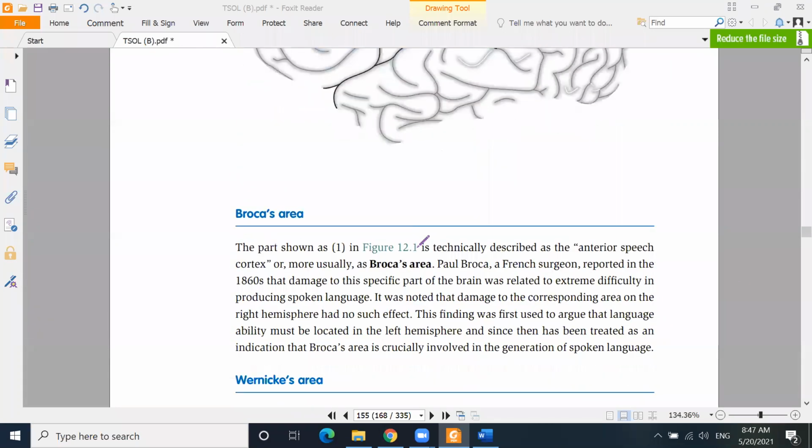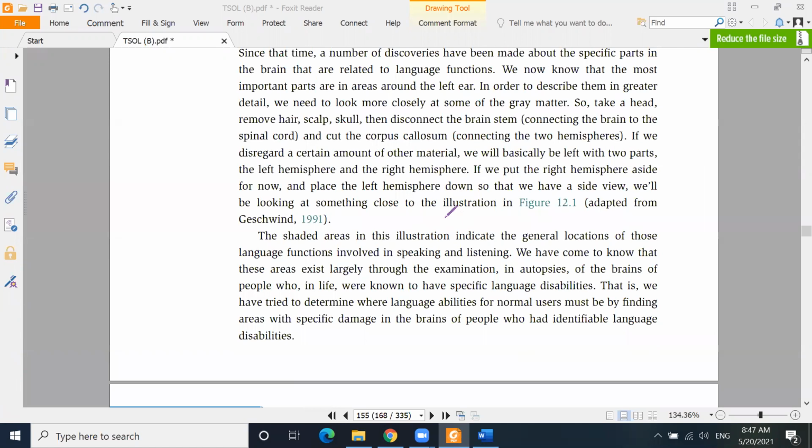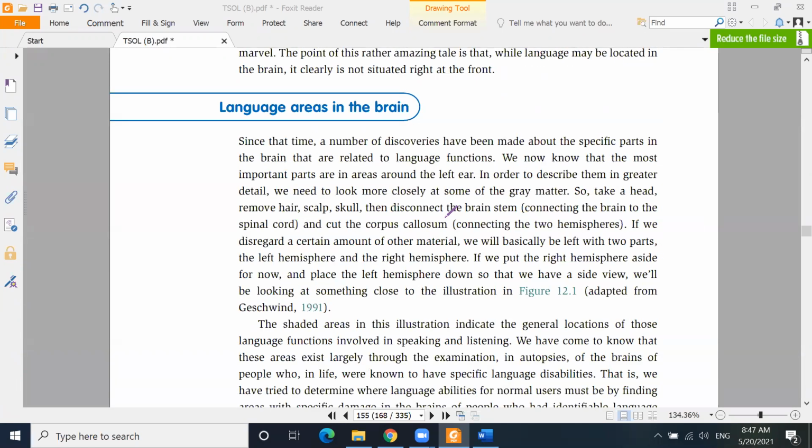Language is a kind of mental activity: producing speech, comprehension of speech, all these are activities performed by the brain.